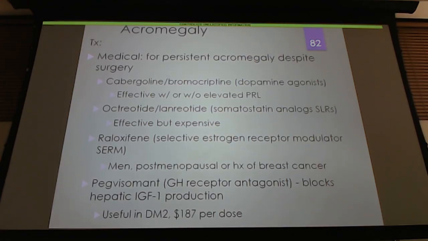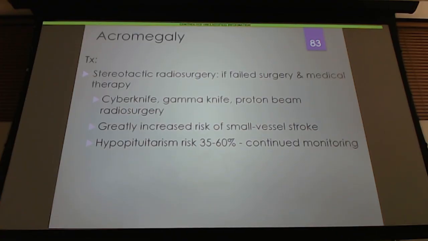I'm not prescribing these for acromegaly, but you can use a dopamine agonist, especially if you have someone with a growth hormone adenoma and excess prolactin, but then you have your somatostatin analogs and your SERMs. Some of these meds are expensive. Even somatostatin analogs are pretty pricey too. So just know medication is second line, okay? And then obviously we have radiation if that fails.